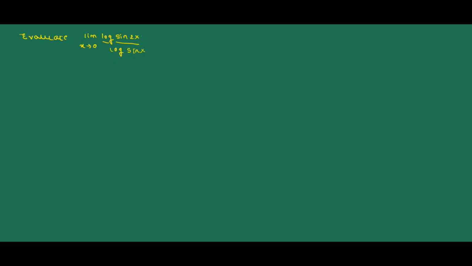Okay, in this case, if you put x is equal to 0, you will get log sin 0. And sin 0 is 0 means log 0. Log 0 is minus infinity, divided by, this is also minus infinity. If you put x is equal to 0, you will get sin 0, and log 0 is equal to minus infinity. So we can use L'Hospital's rule.